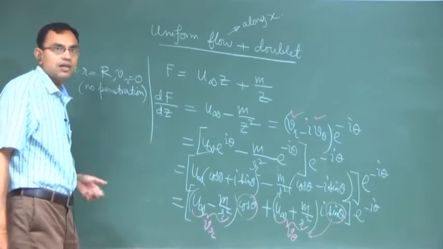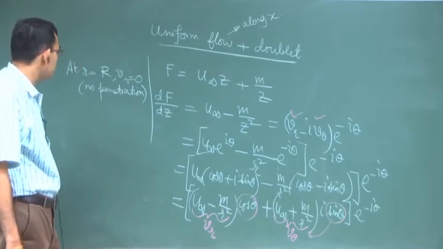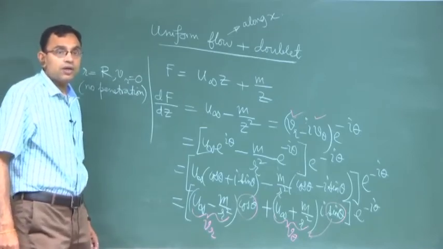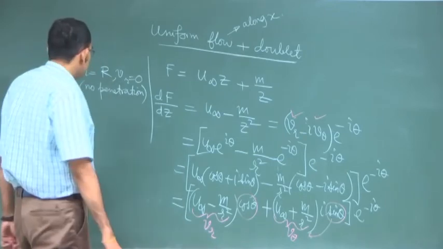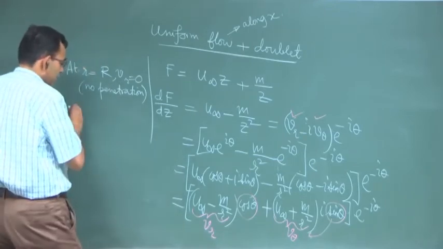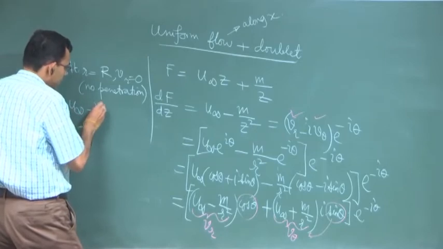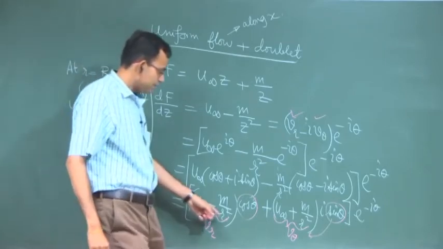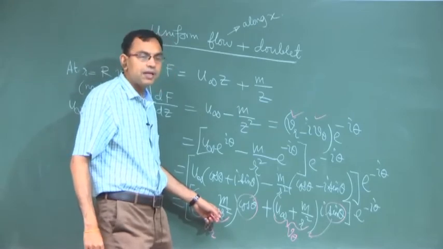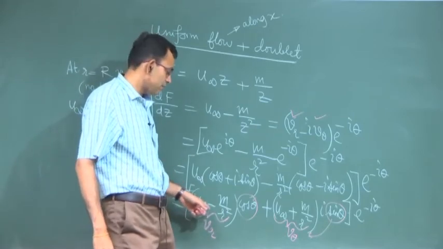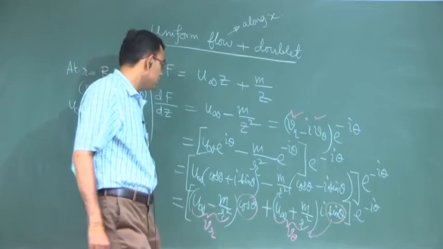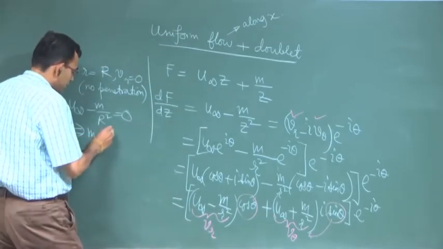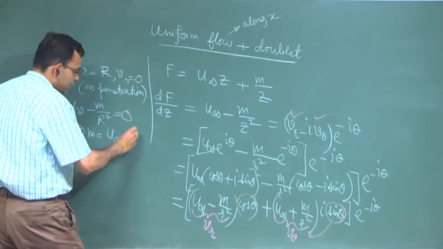That is what is represented by the no penetration boundary condition. So, you must have u infinity minus m by r square equal to 0 at small r equal to capital R, so V r equals 0. So, you can set the strength of the doublet as u infinity R square.